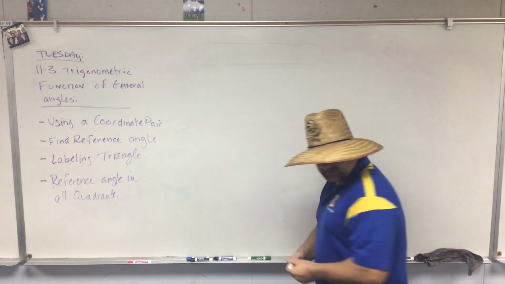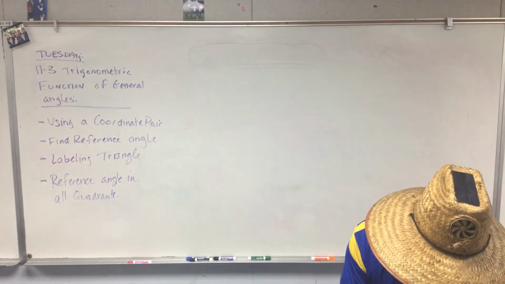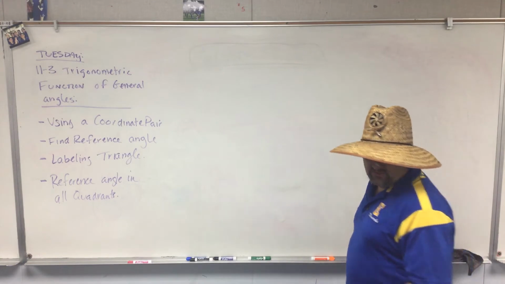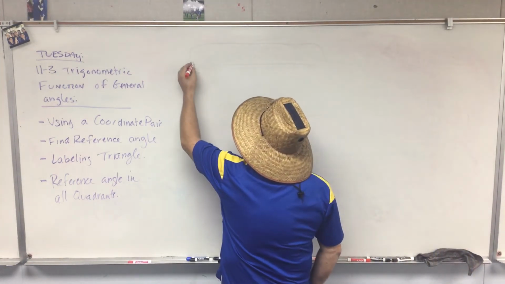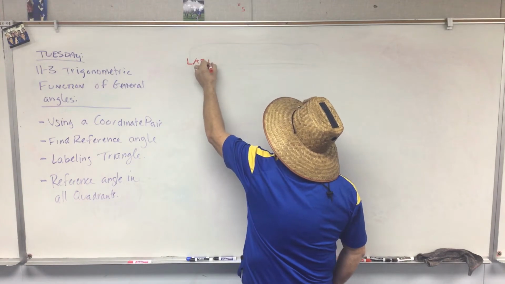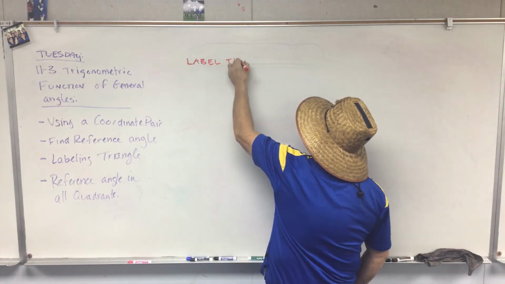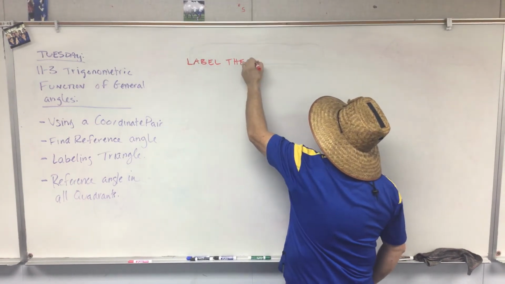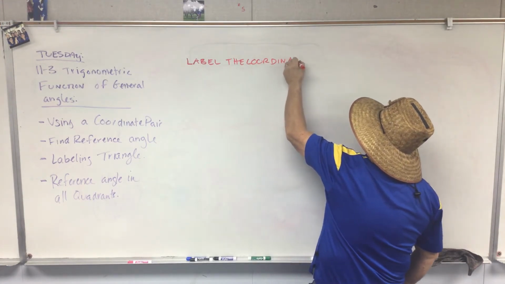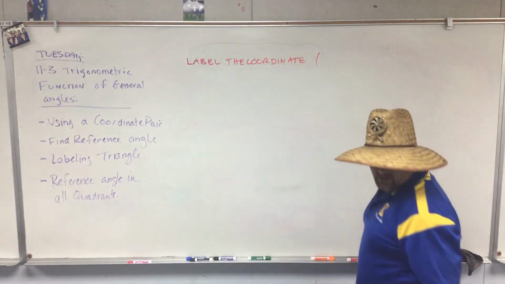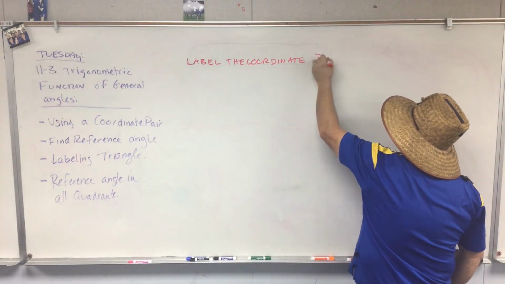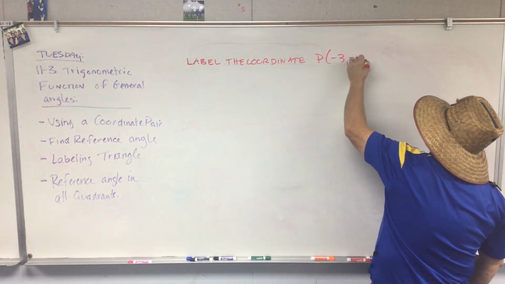So let's just take a piece here and label the coordinate, man, I can't spell early in the morning, coordinate, and then let's call it point P, -3 and -4.